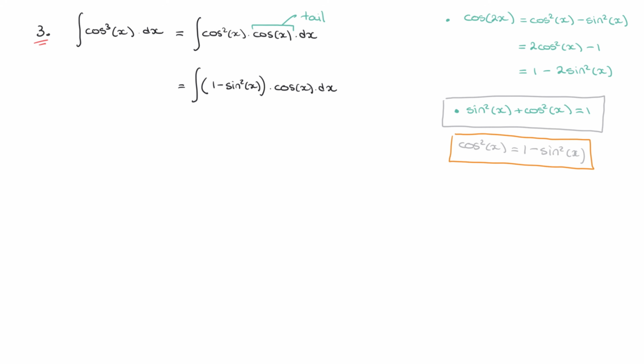And now that that's done, in other words, now that we have our tail, which is a cosine, and our power term, which is a sine, we can go ahead and use the method of substitution, more specifically, u substitution. And here's the whole idea.